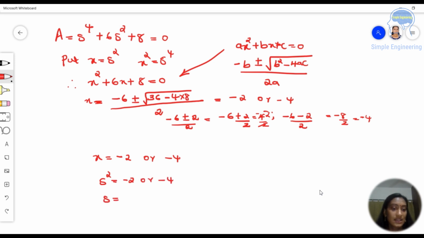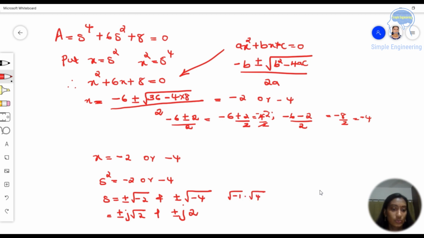We need the value of s, which is equal to plus or minus root of minus 2 and plus or minus root of minus 4, which means root of minus means it will be j, that is plus or minus j root 2 and plus or minus root 4. Here also you will get j because this will be root minus 1 into root 4.